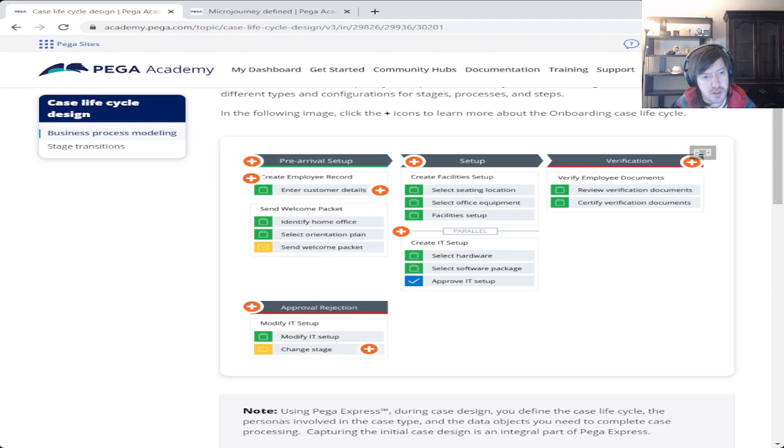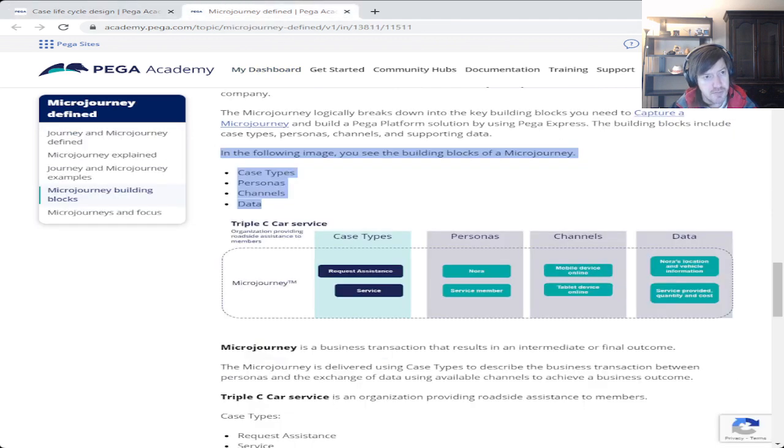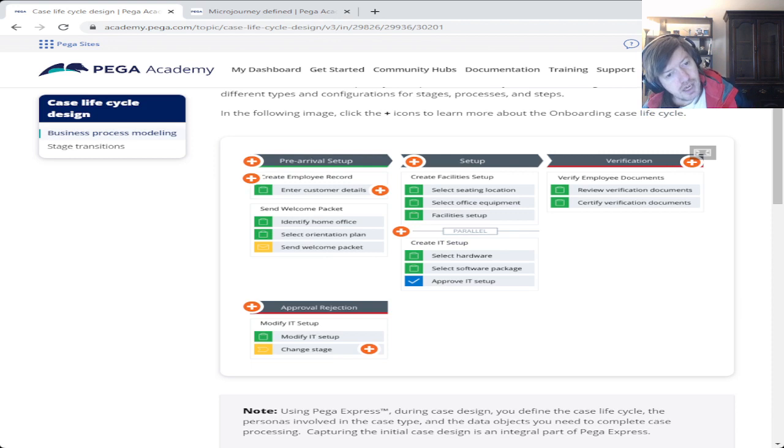Typically you have a beginning of a process and the end of the process. The beginning is, hey, she needs assistance, and the end of the assistance is when her car is serviced, right? Your case lifecycle shouldn't be like, I submitted my request for roadside assistance, and you're done.